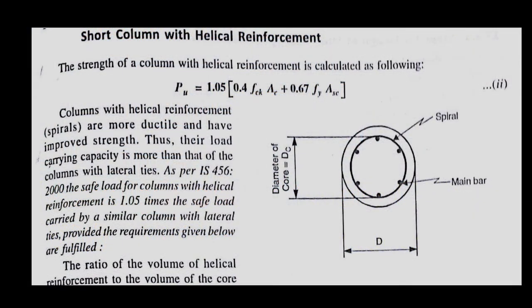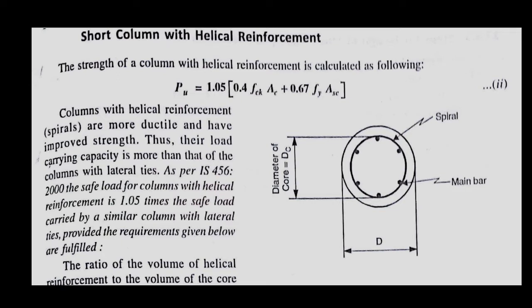Now you can see the figure. Helical reinforcement is needed where the column is circular, and for a circular column we need a minimum of 6 main longitudinal bars.